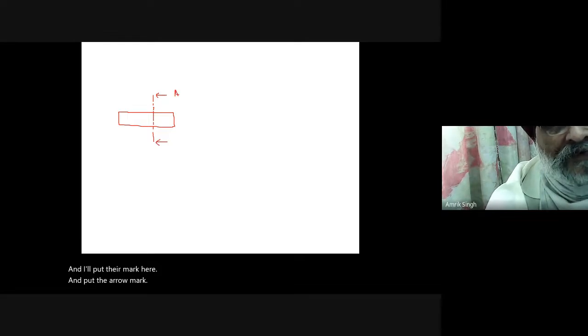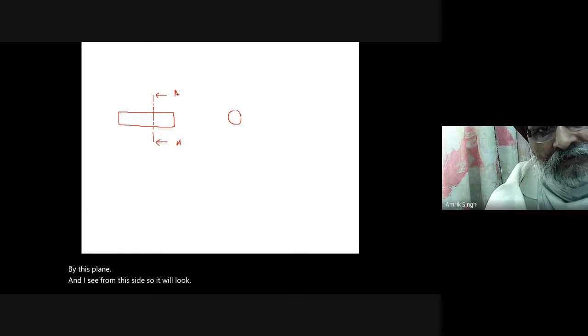This I will call A, and this I will call A. If I cut this rod by this plane and see from this side, it will look like a circle.